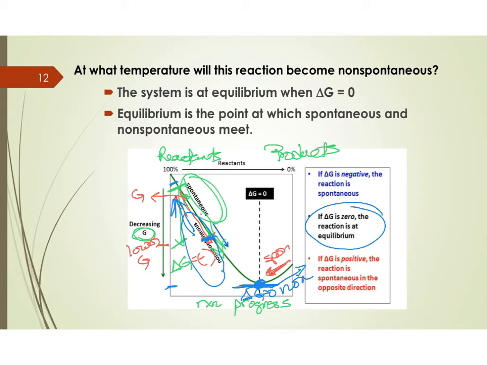It's not going to go up or down. When delta G is zero, the reaction is at equilibrium. That will be really important later on, so it's good to understand that now. A system at equilibrium has no driving force to do anything, okay? It's at the lowest possible energy state, so you are not going to have a spontaneous process at equilibrium. It's not going to want to do anything, okay?